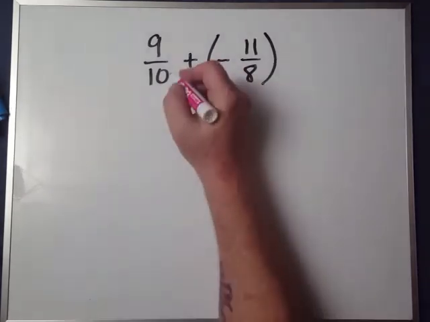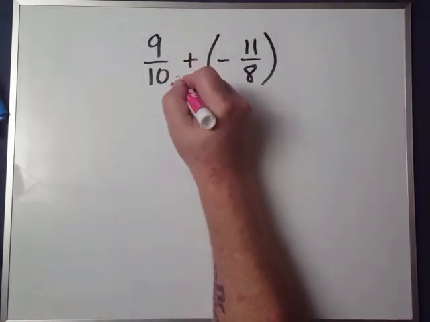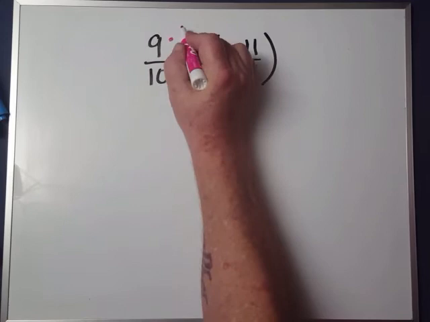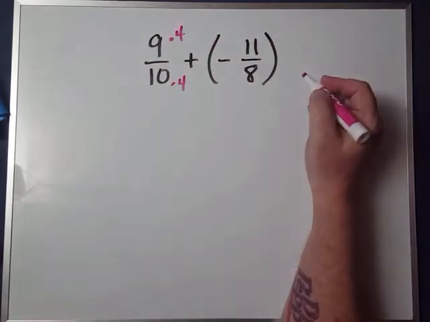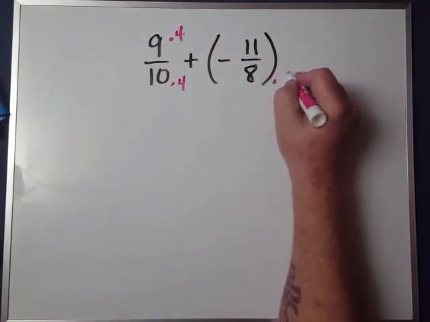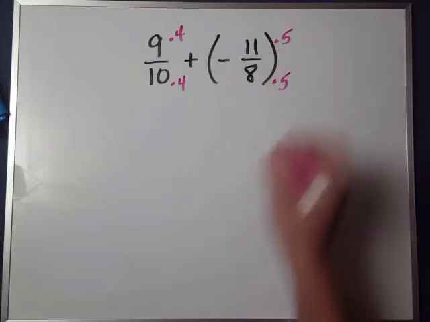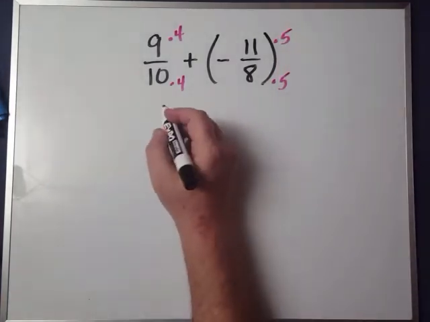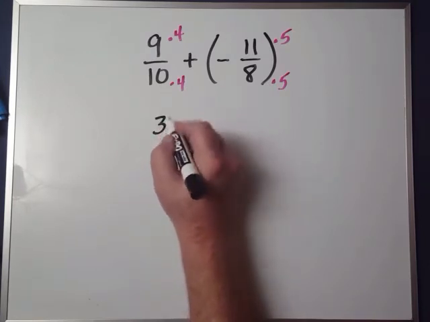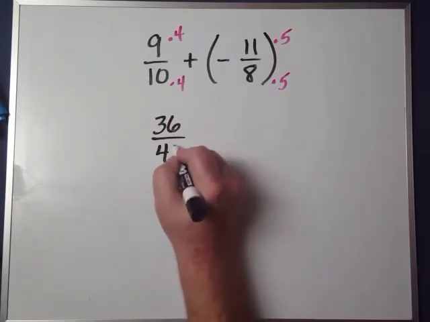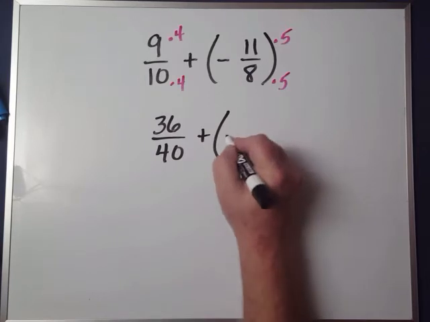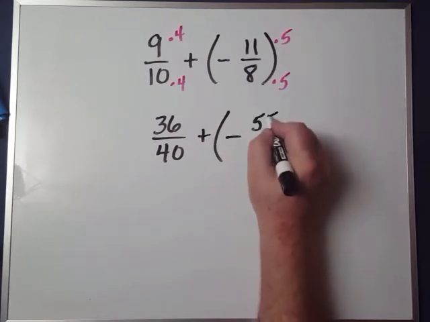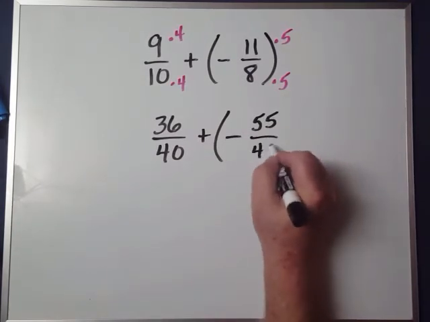So let's use 40. What do we need here? A factor of 4, top and bottom. And to turn 8 into 40, multiply by 5, top and bottom. And we rewrite the problem now as 36/40 plus a negative 55/40.